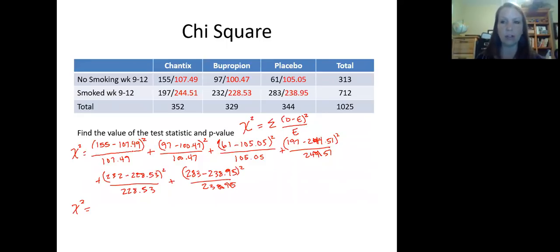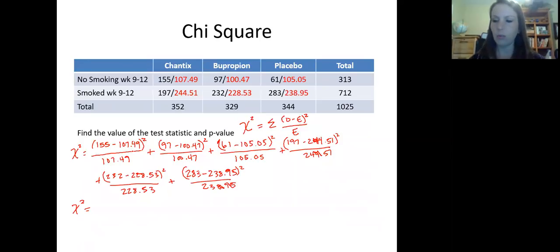I'm going to start with that first cell. I have 155 minus 107.49, which is 47.51. I square that, which gives me a big number, 2,257.2, and then I divide that by 107.49.